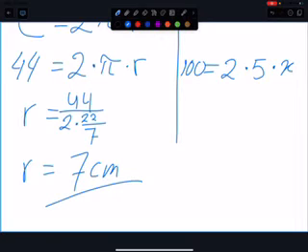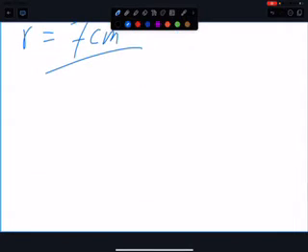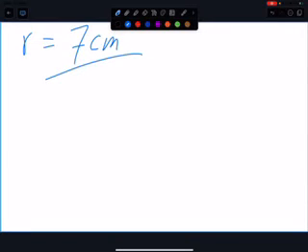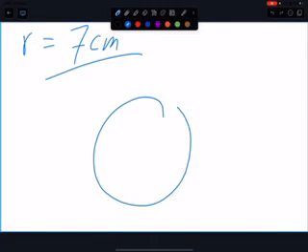Number 4. Almost done? No, almost done. Word problems. This is your circle.